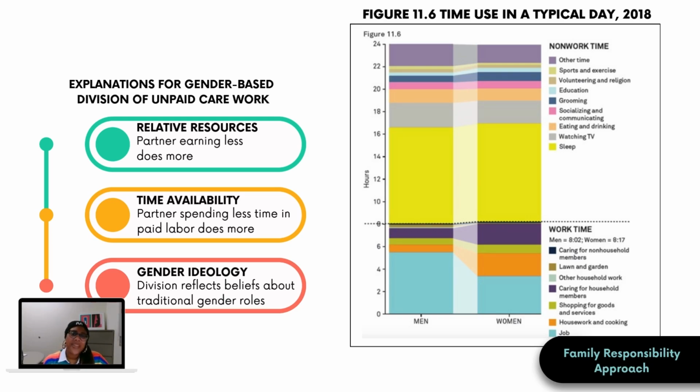That's my opinion. So, with the relative resources explanation, the partner who earns less will be expected to do more unpaid labor, right? And this means that we're putting emphasis on the partner who's providing the most for the livelihood and protecting their position.